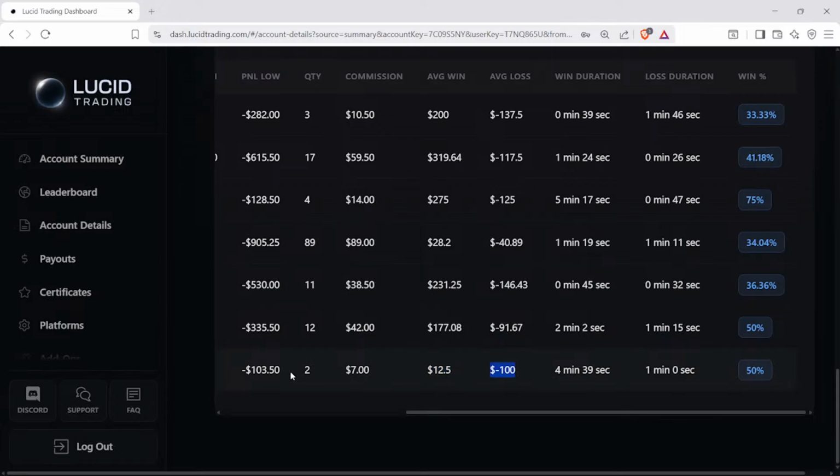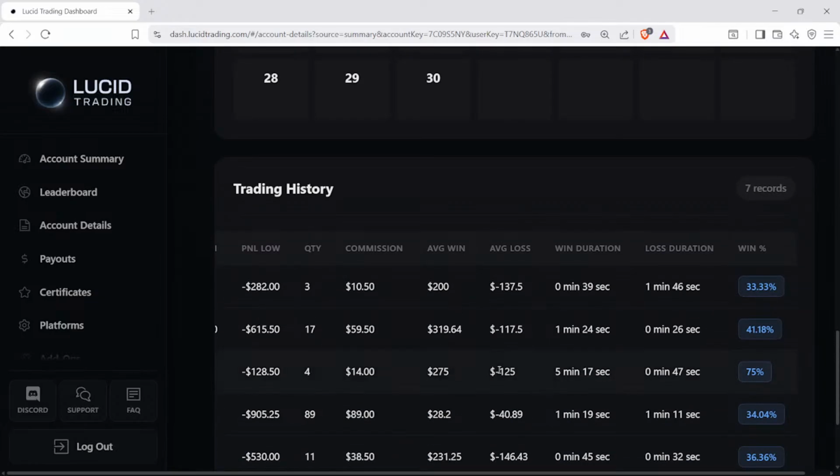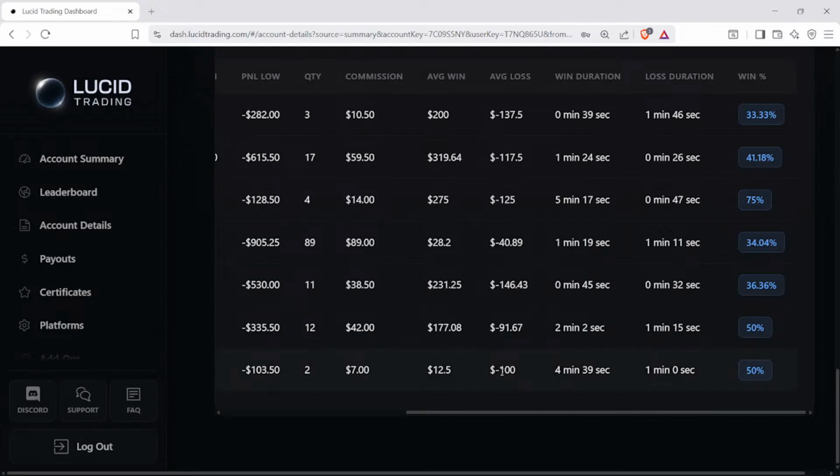It's only two contracts. I must have stopped myself out early or something, because this is not how I trade. But it happened. I have to go back and look at that day and see what trades I took, because this is wild.